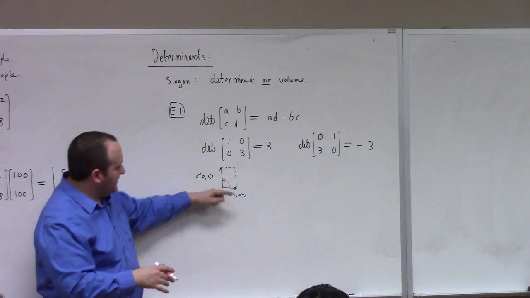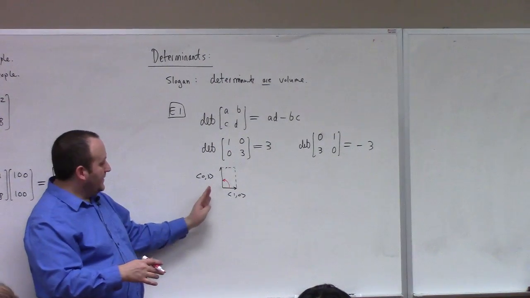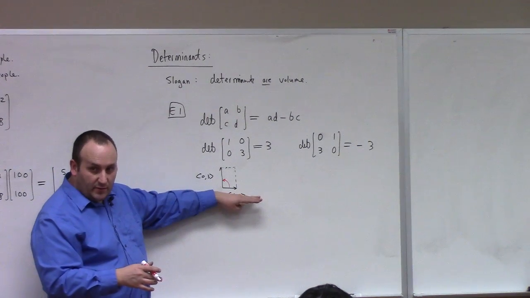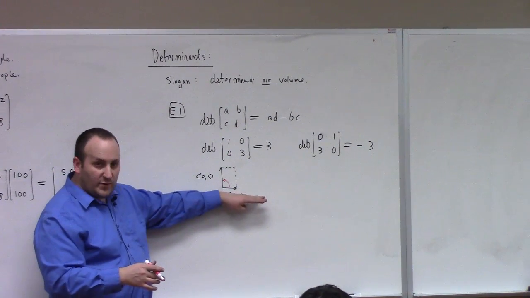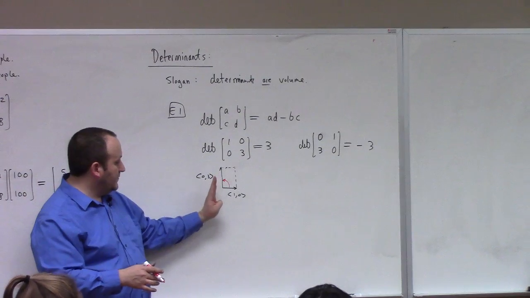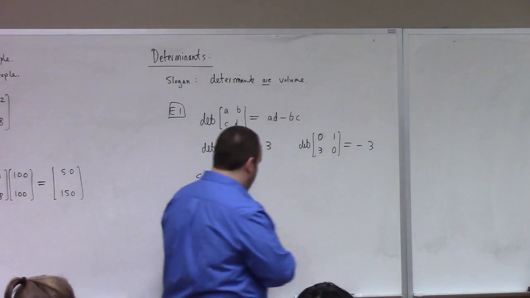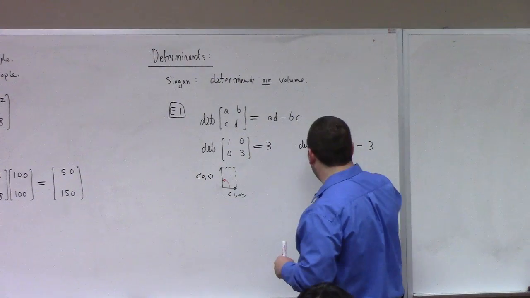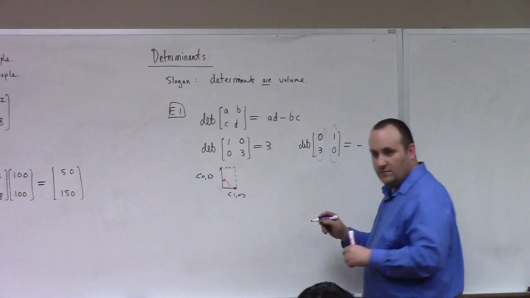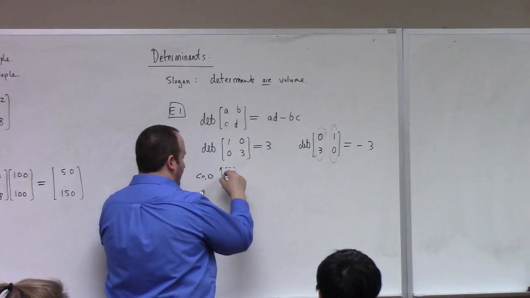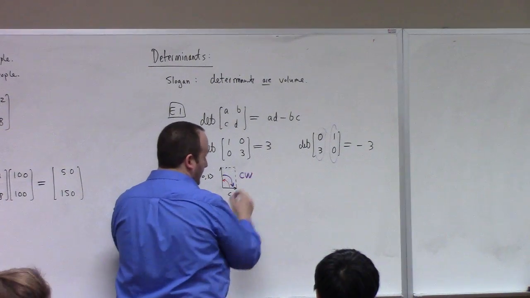So the point of this is the 1, 0 vector and the 0, 3 vector: their relation is that you're looking at a counterclockwise rotation of 1, 0 to 0, 3, right? In the other one, if you think of this as the first thing and that is the second thing, to get from here to here, I have to do a clockwise rotation.